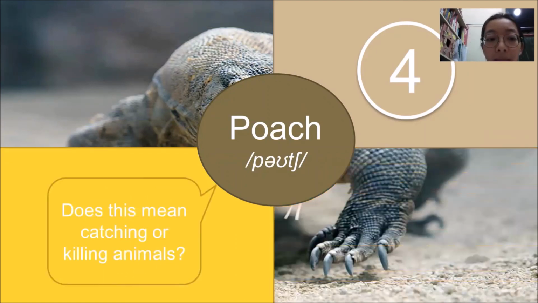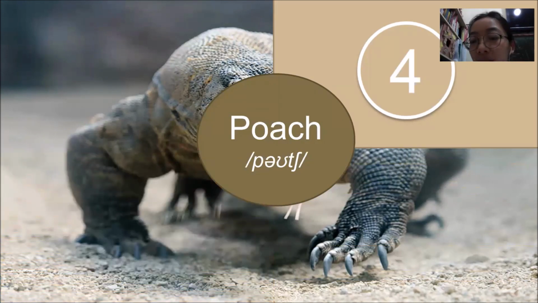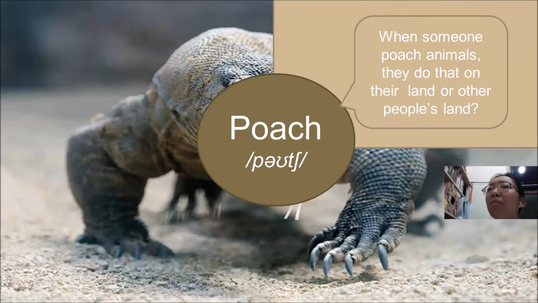Question 3. Does this mean catching or killing animals? Yes, good. It is. And the last question. When someone poaches animals, do they do that on their own land or on other people's land?